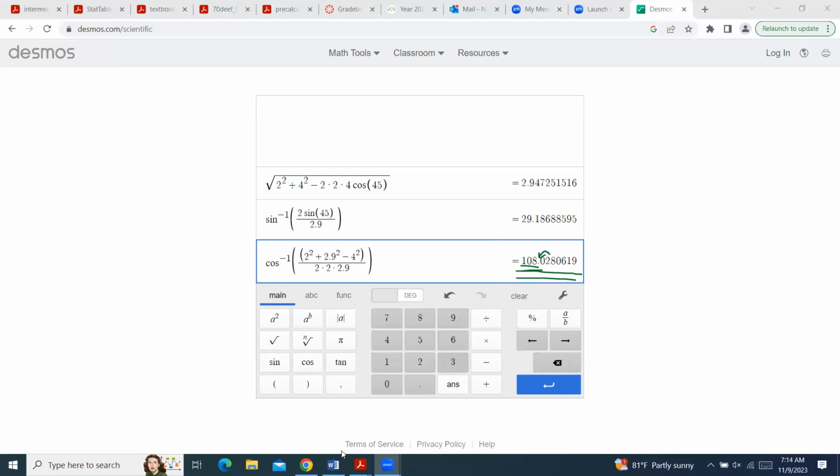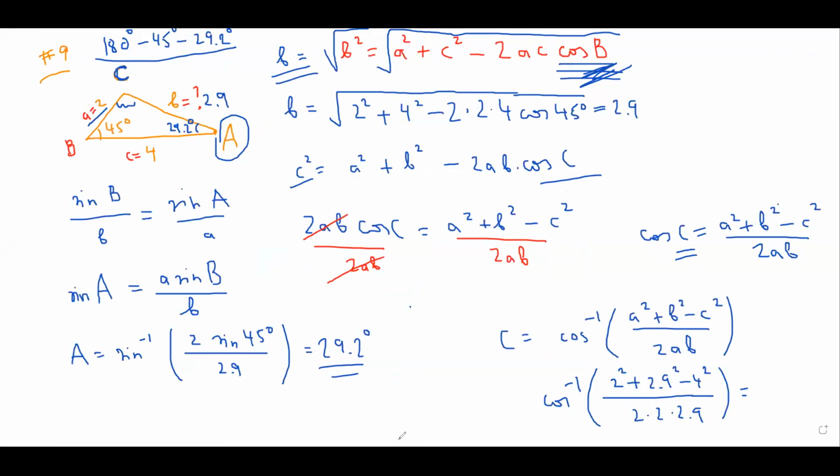Okay, so let me go back to share my board, and I get 108, and this will be my angle C. Where can I write it? Maybe I'll write it here, 108.